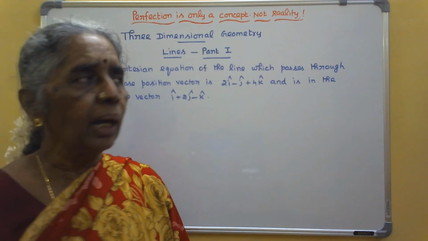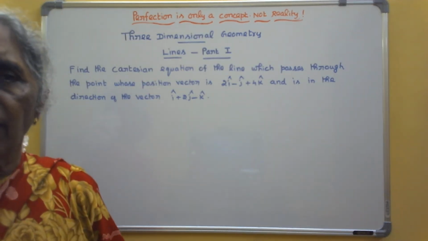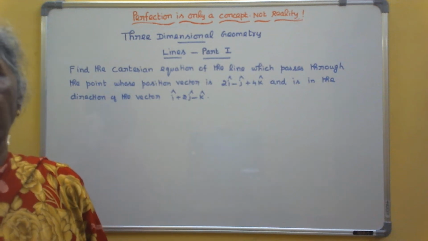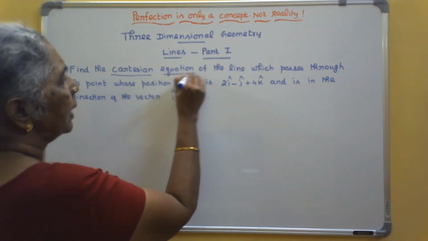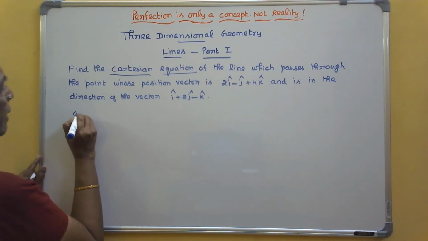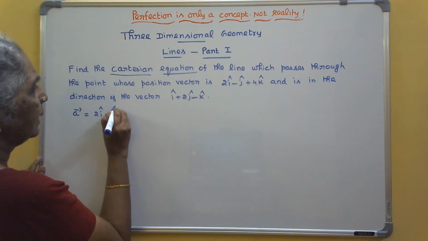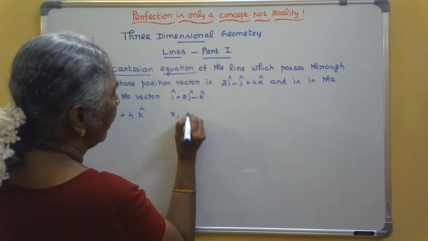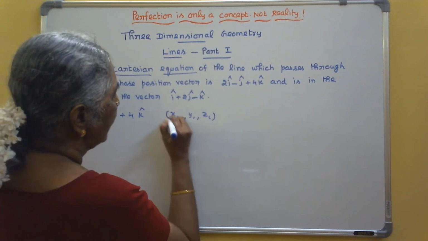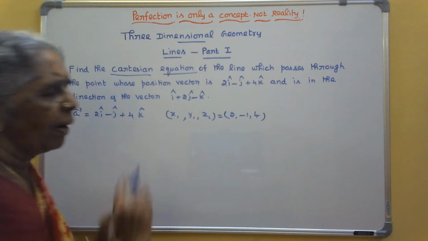Okay. Now, here both the point and the parallel vector are in vector format, but they have asked you the Cartesian equation. So first let us write A vector is given as 2i cap minus j cap plus 4k cap. Immediately let me write x1, y1, z1 is equal to 2, minus 1, 4, right?